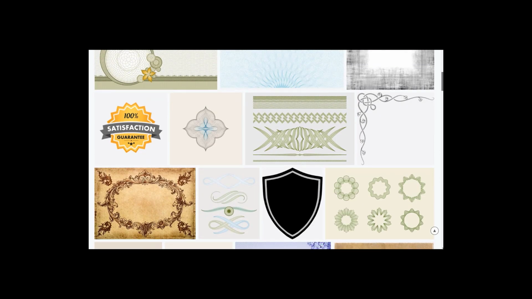So it's okay to have some words, but you do want to have some bare spots. For example, a certificate that had a lot of words like this would not work. So all you need to do is simply download one of these.